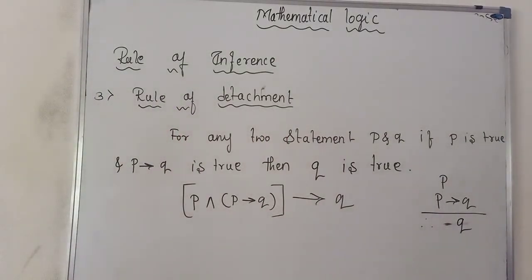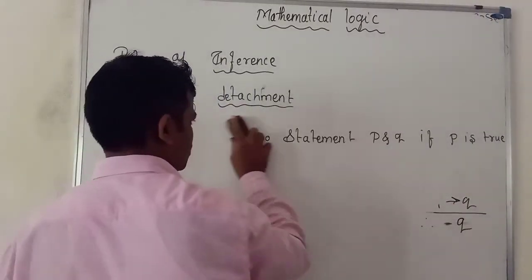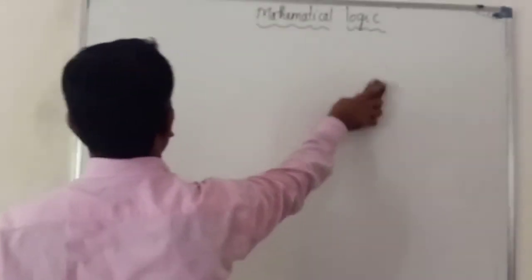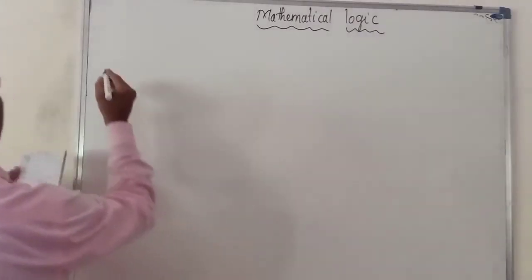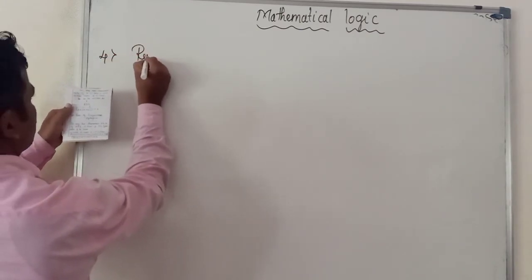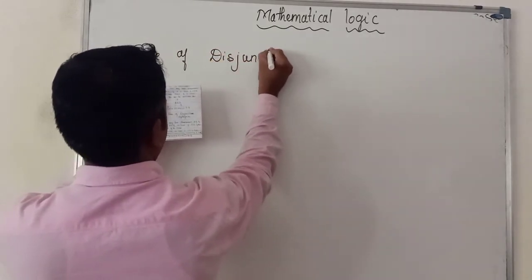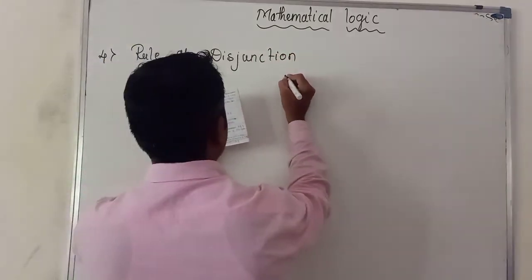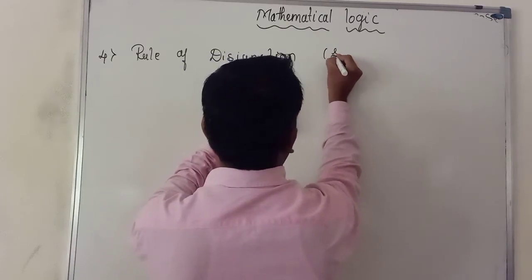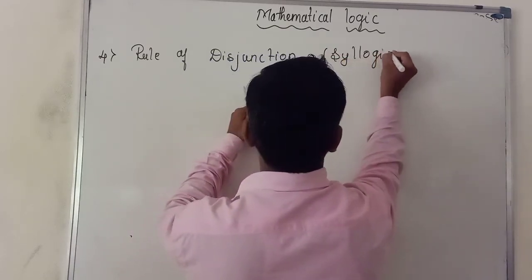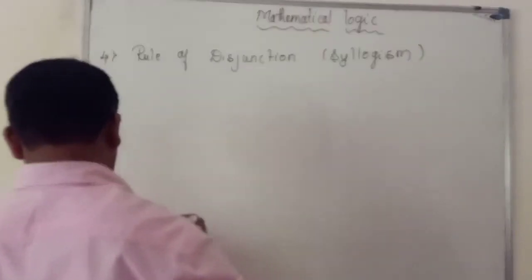So next we move to the rule of disjunction, the fourth rule, or we call it syllogism.